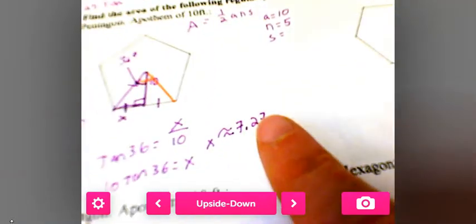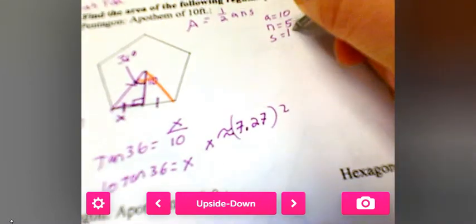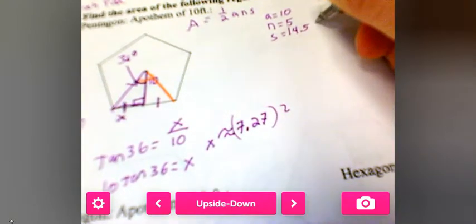What do I need to do to this? Times it by 2. So I'm going to go 7.27 times 2 gives me 14.54. So that was just to find S. Now I need to find the whole area.